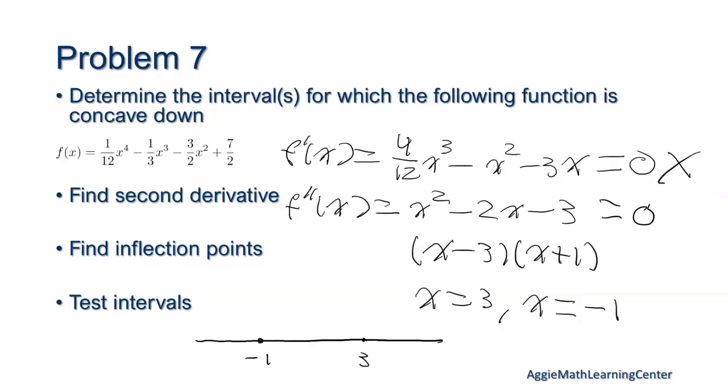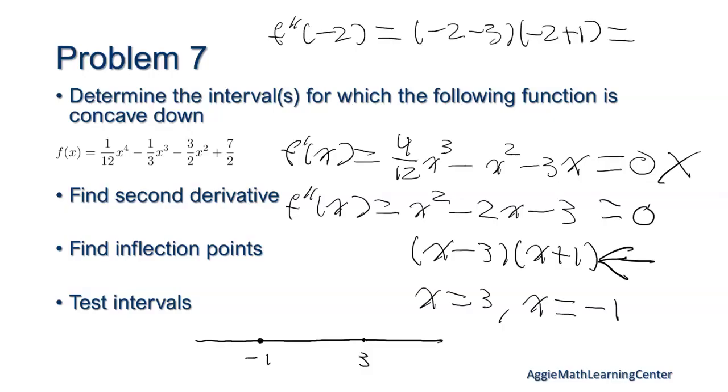So if we plugged negative 2 into the second derivative, f double prime of negative 2 equals negative 2 minus 3 times negative 2 plus 1 equals negative 5 times negative 1, which is 5. Is that right? So from negative infinity to negative 1, our function is a happy smiley face, concave up.